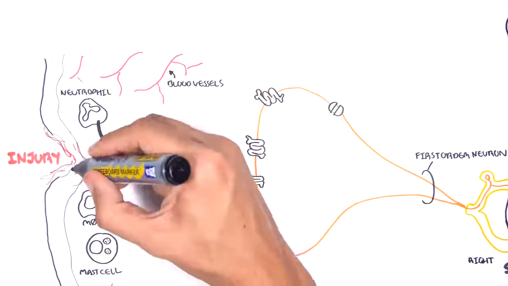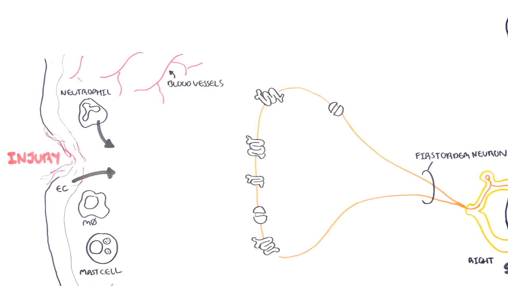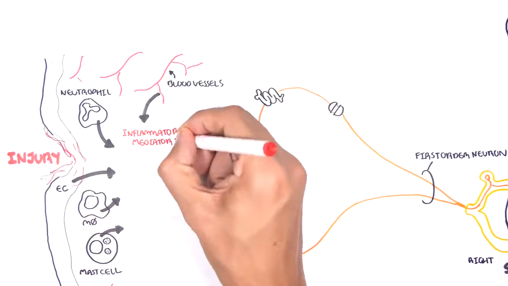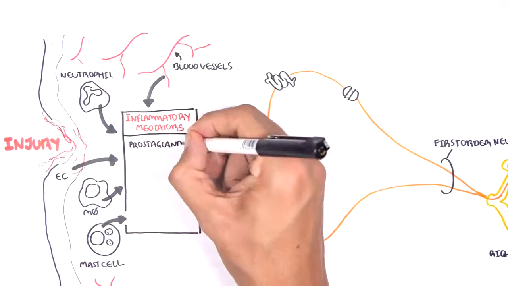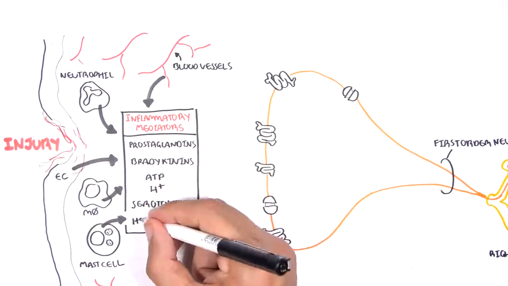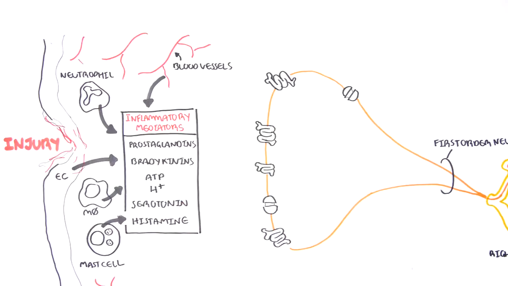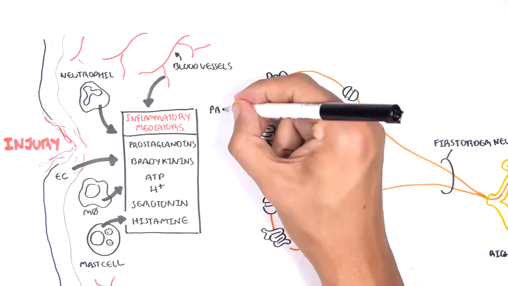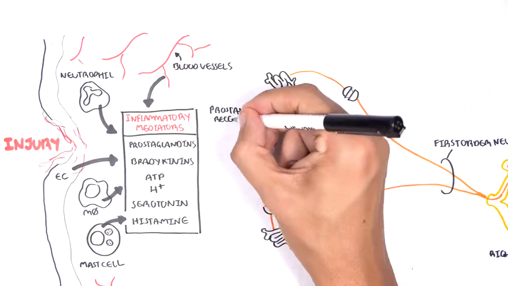All these cells, as well as the damaged skin cells, will release inflammatory mediators. These are things such as prostaglandins, bradykinin, ATP, hydrogen ions, as well as serotonin and histamine, and there are many, many more. All these mediators will stimulate receptors on these sensory nerve fibers.